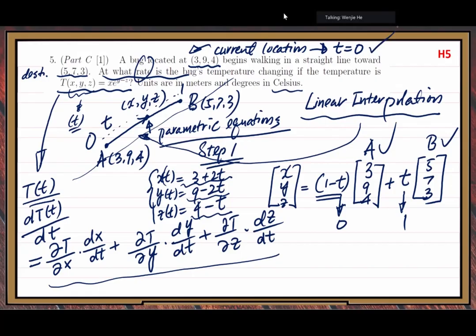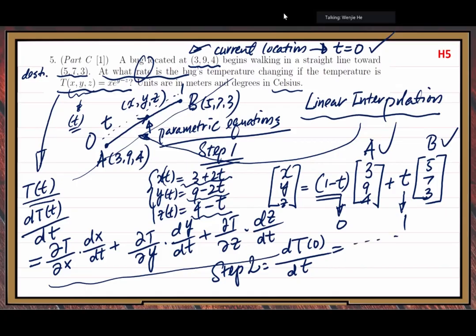So you should calculate this derivative dT at the 0 point. Calculate this one. So this is step 2.